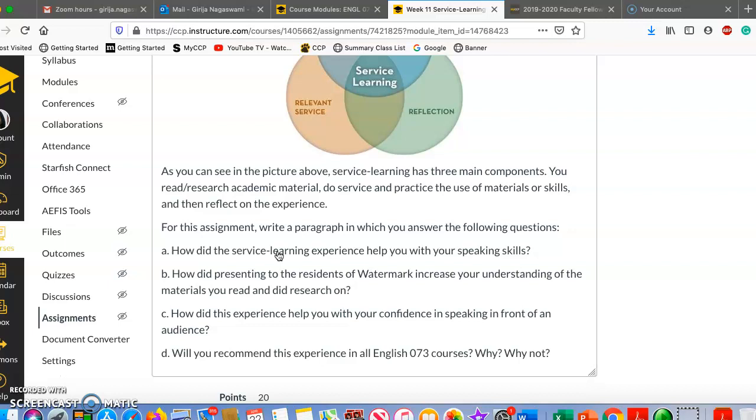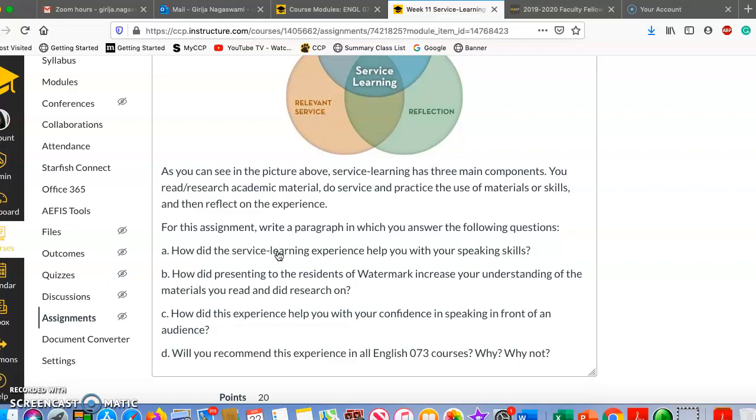The topics ranged from how to prevent cancer, or how to prevent hearing loss, because some of the residents wanted that, to how to lead a healthy lifestyle. And how did this experience help you with your confidence in speaking in front of an audience? And will you recommend this experience in all the English 73 courses?